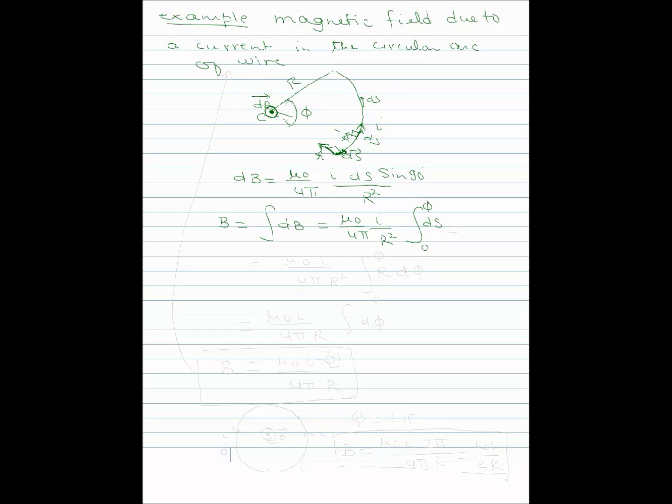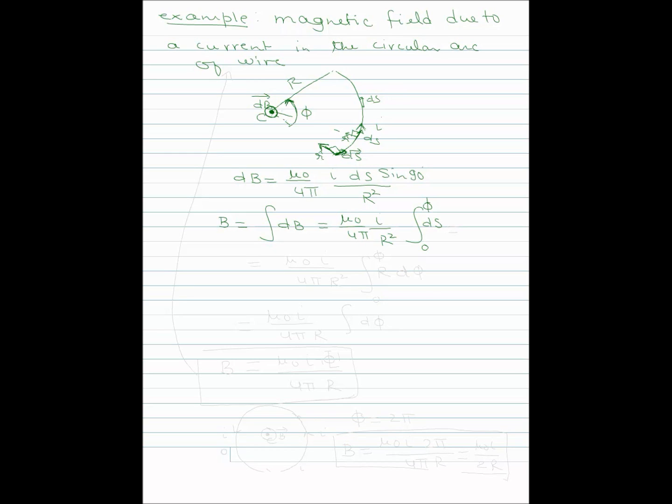If we are considering some point here and the angle phi is 0, and as you keep going the angle phi keeps increasing, all the way till the angle becomes phi. And this thing is nothing but just r times phi.